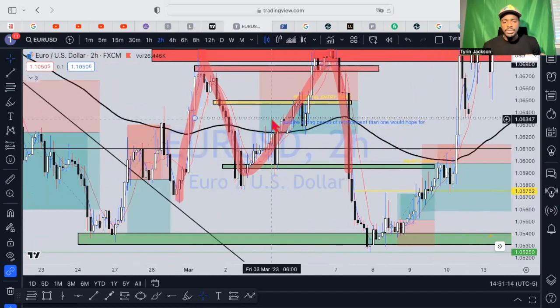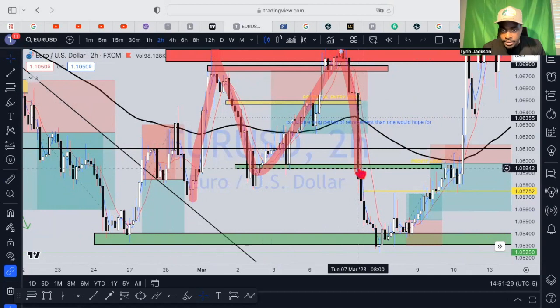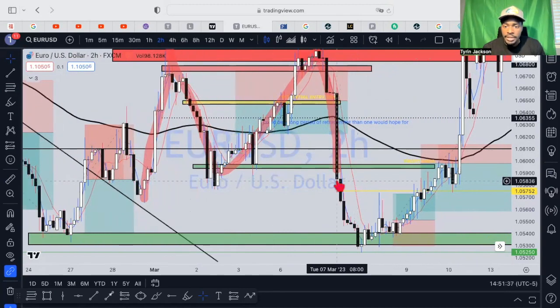But if we're just looking at this example, we have price coming up and testing this area. It sold. Price came back up to retest this area again. We sell. So after price got back down here, after price broke past this zone, or even just my neckline, this is where I would have entered the trade.